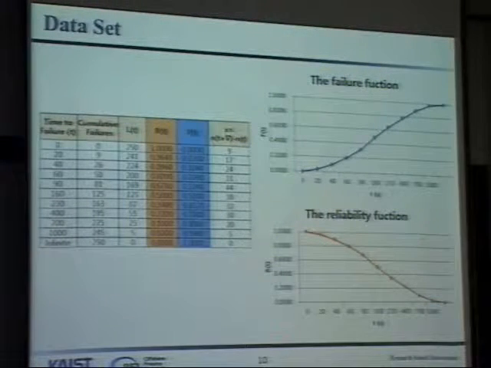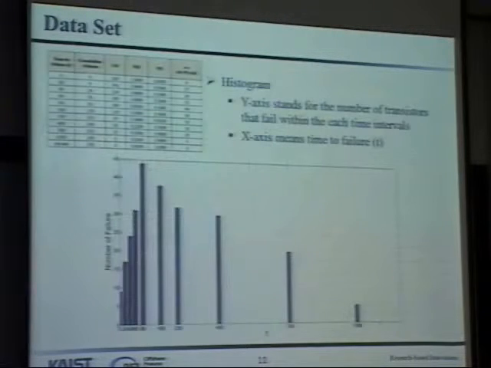Put in another way, all the transistors finally fail to function. And here is the histogram. The x-axis is about t, time to failure, and the y-axis stands for the number of transistors that fail within each time interval.